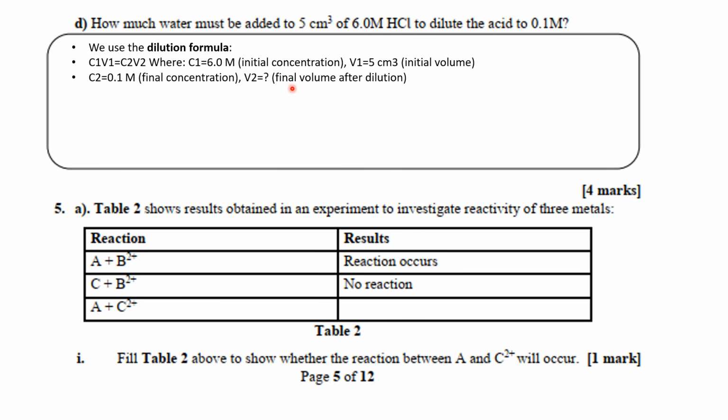So what you need to do now is to apply the formula by substituting. C1, which is the initial concentration, is 6. The initial volume is 5. This is equal to the final concentration 0.1 times the final volume.